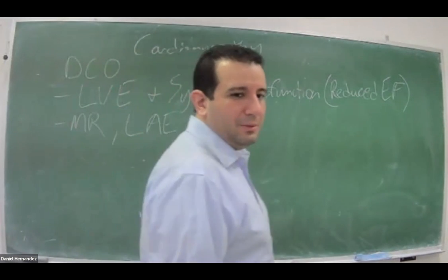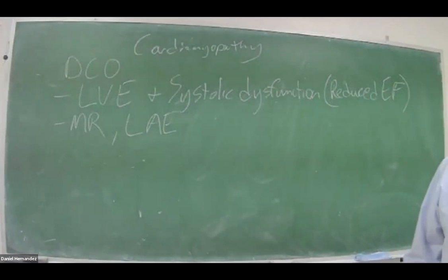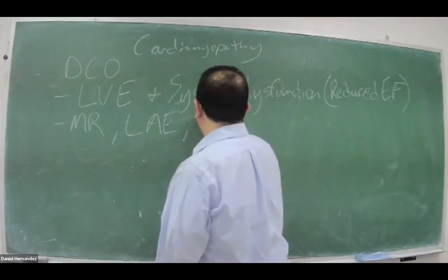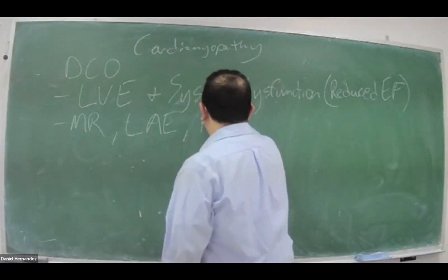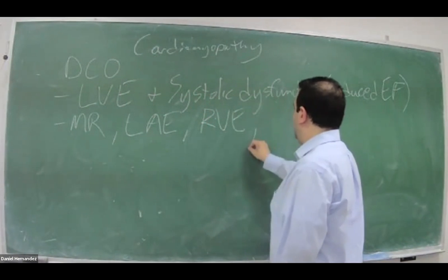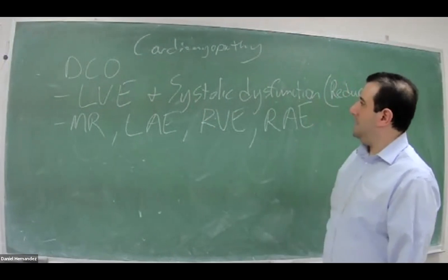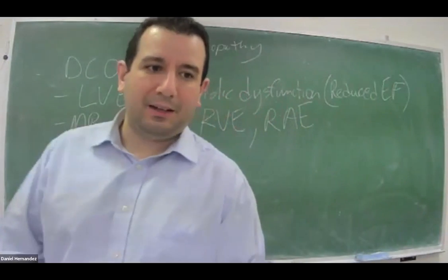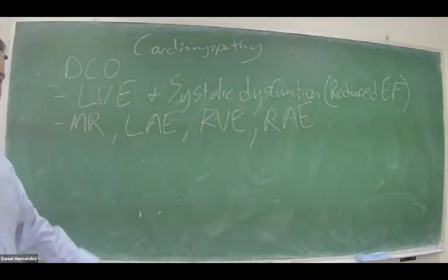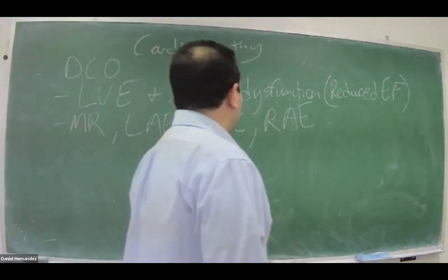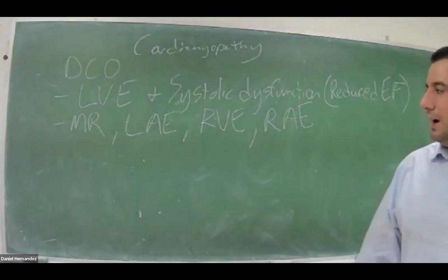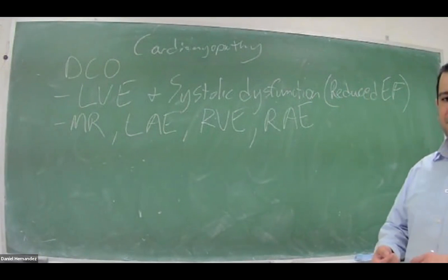All that extra volume now goes back to the right side of the heart. The right side becomes dilated, so right ventricular enlargement and right atrial enlargement. That's why with dilated cardiomyopathy, I think of four big dilated leaking chambers. Big leaky heart. All chambers become dilated and enlarged.